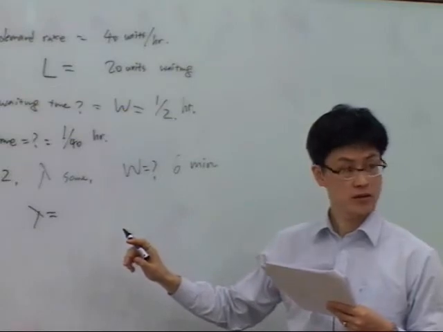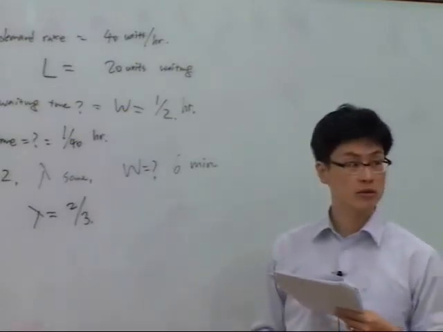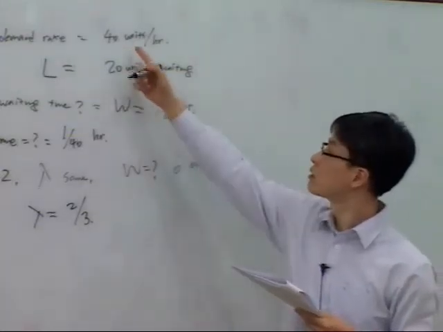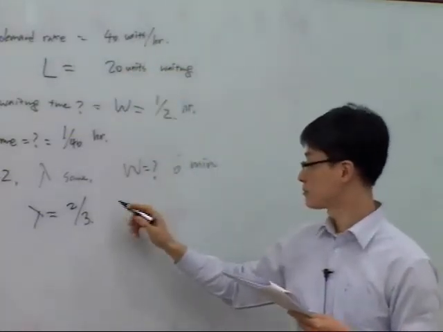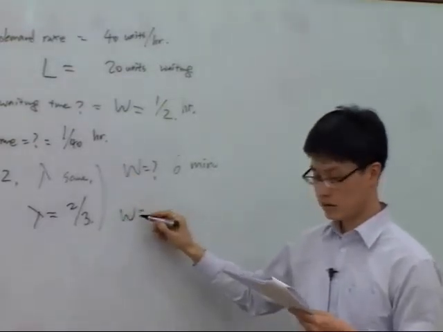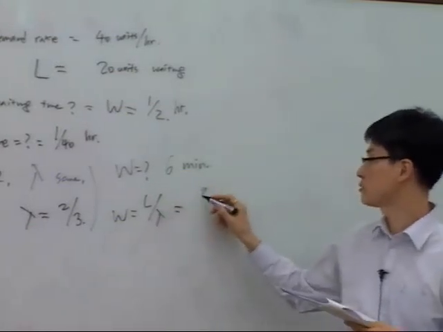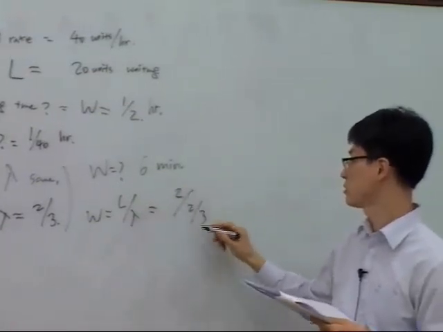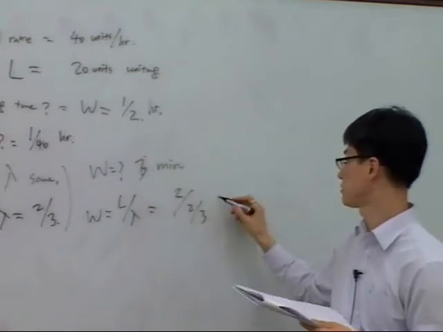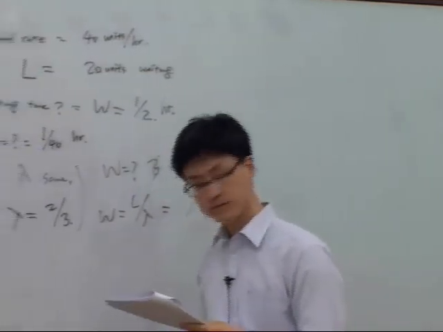Two over 3? Why? Yeah. Right. And W is L over lambda. L is 2, 2 over 3. Oh, it should be 3. Sorry, right? Question?